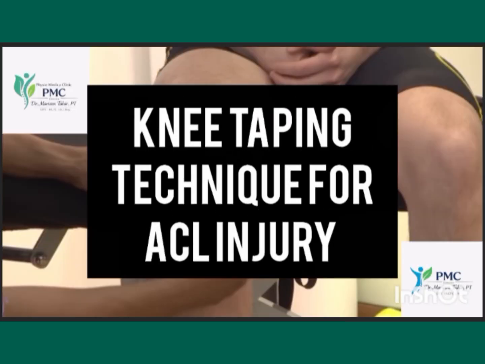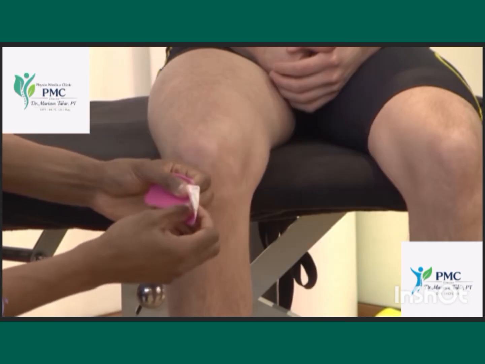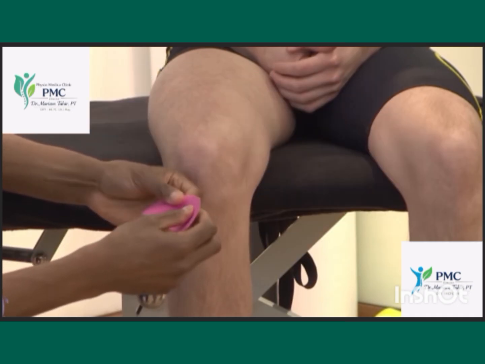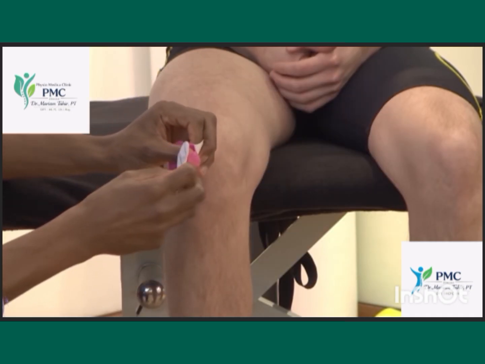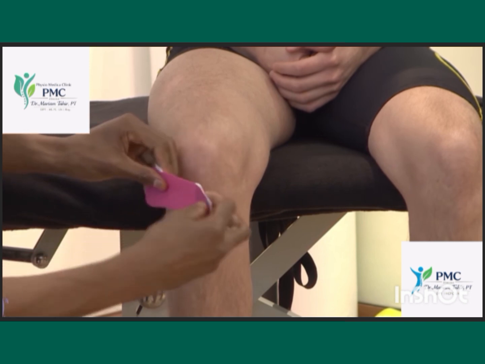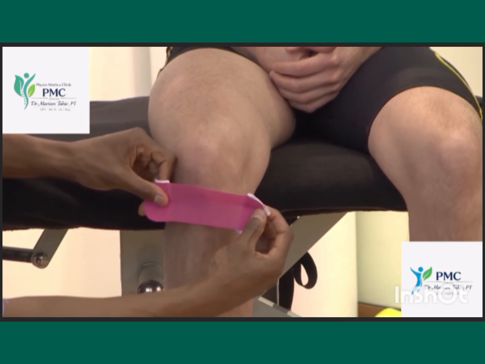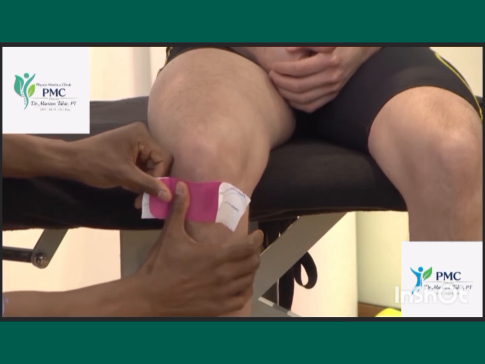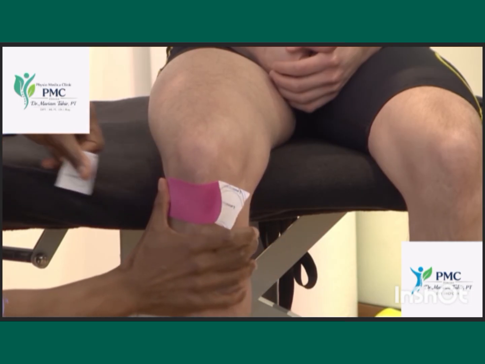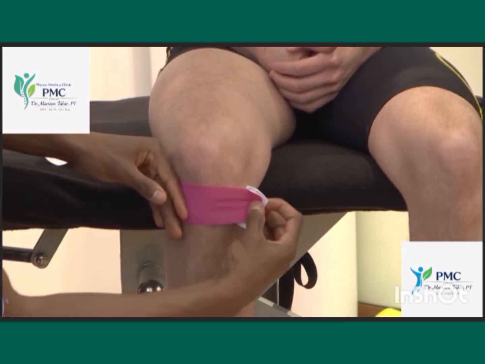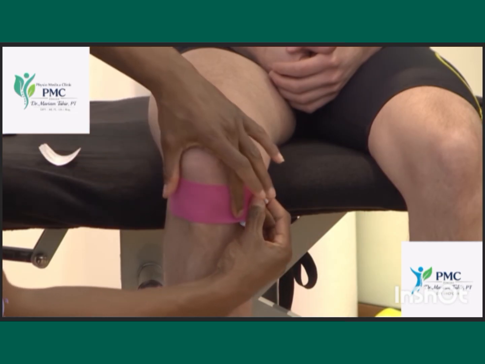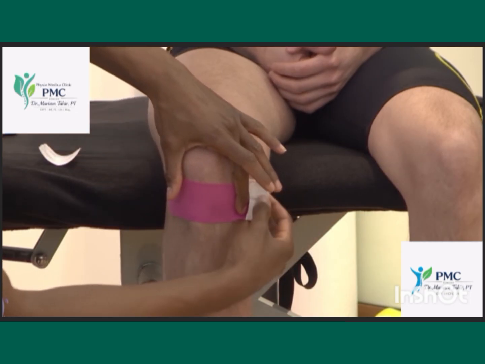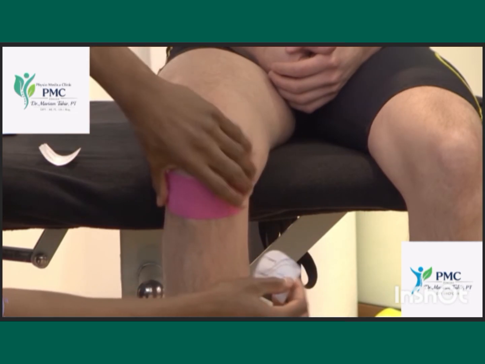Start by applying the anchor below or above the knee without any stretch. Then guide the tape around the patella or along the quadriceps muscle using the appropriate amount of tension. Finally, apply the ending anchor with 0% tension. After completing the application, gently rub the tape to activate the adhesive.